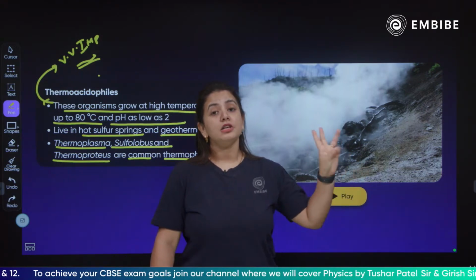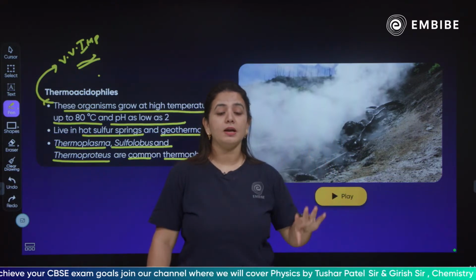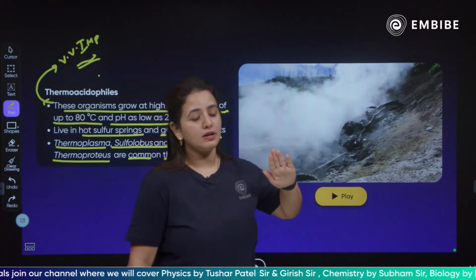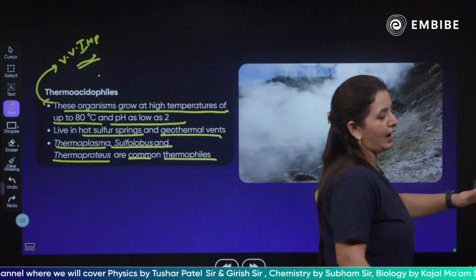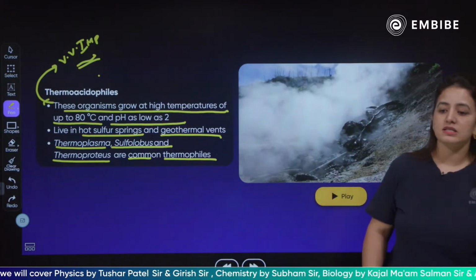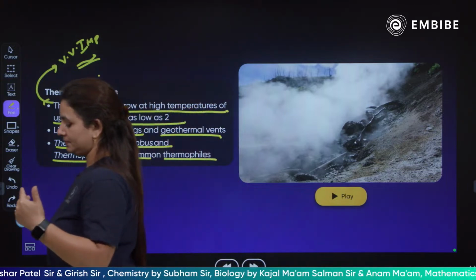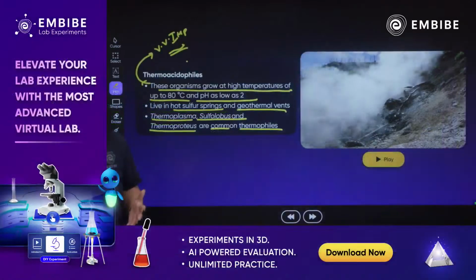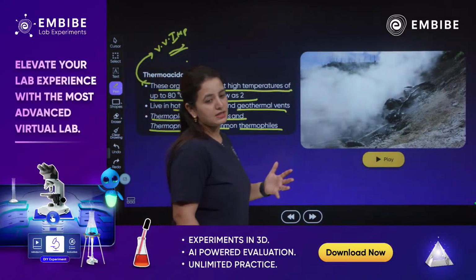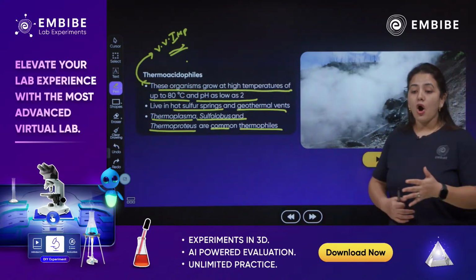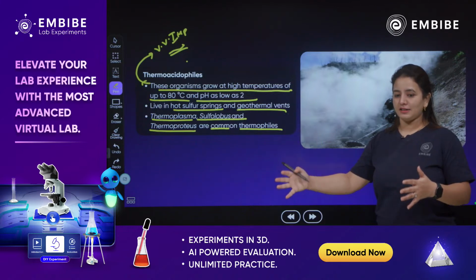I really hope that now you are able to make out why the Archaebacteria are not a typical component of Monera and have their own subdivision, and the characteristics they possess are a little bit more extreme. All 3 of them show extreme characteristics.